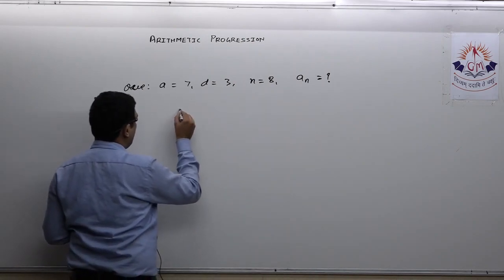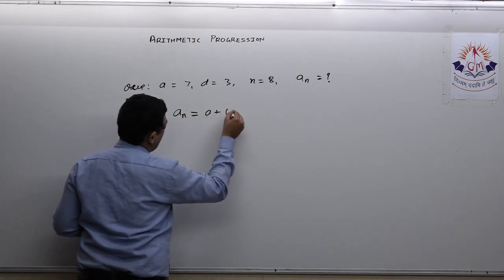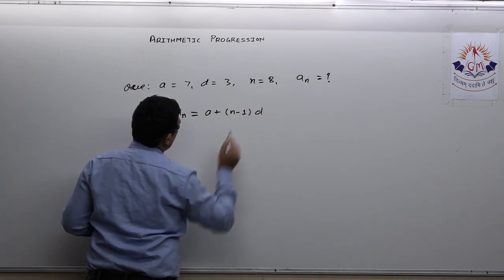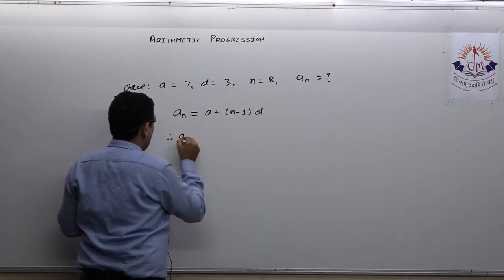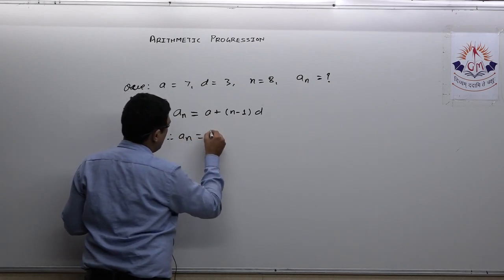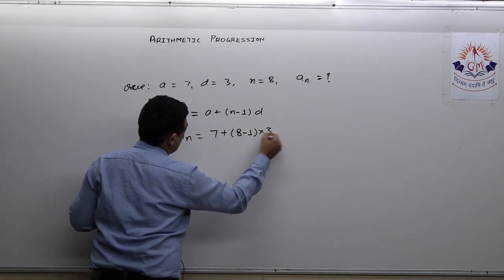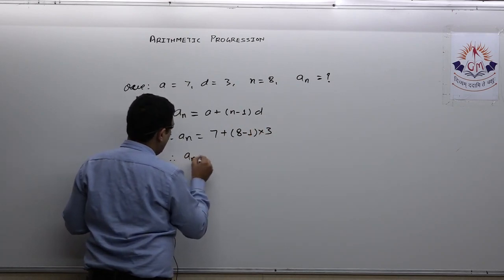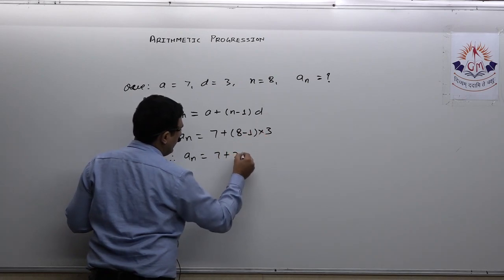So I'll apply the formula. an is equal to a plus n minus 1 into d. Over here, this an I have to obtain. So an is equal to a is 7 plus 8 minus 1 into 3. So an is equal to 7 plus 8 minus 1 is 7, 7 into 3 is 21.